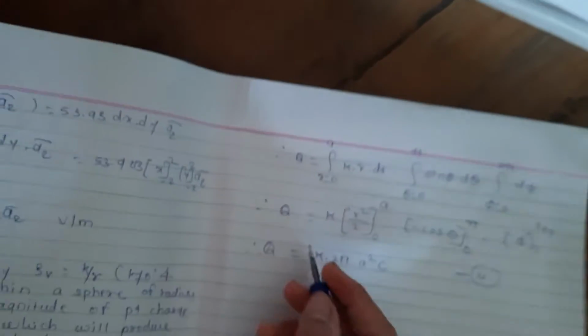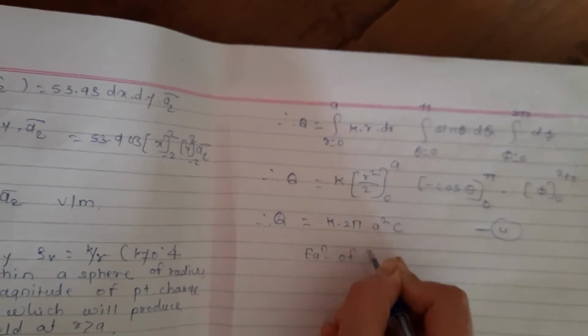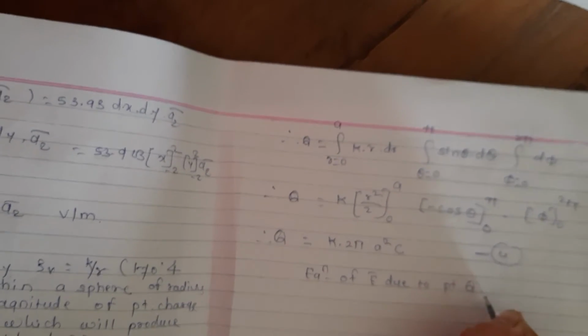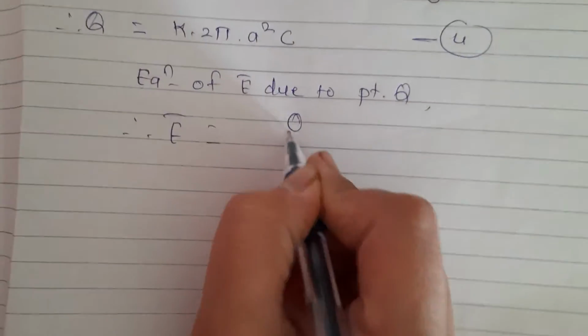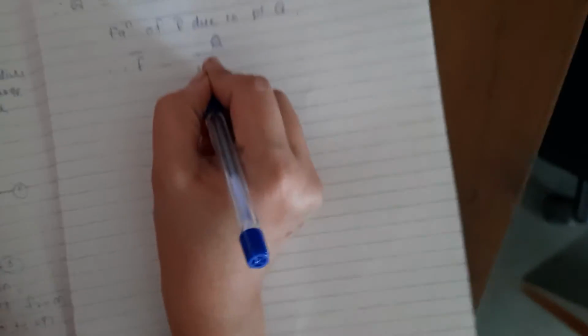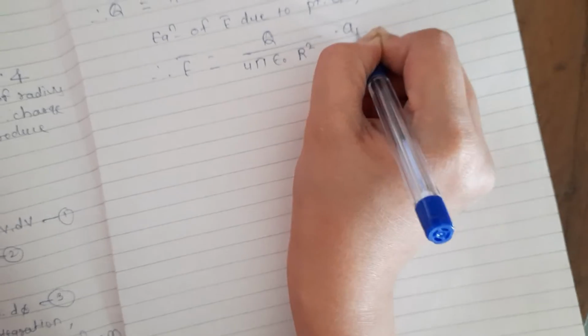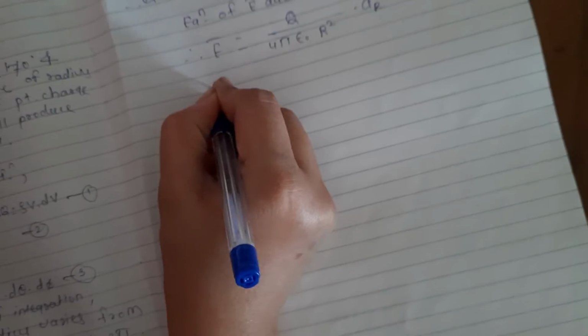Now we have the equation of E bar due to the point Q. So E bar is equal to Q divided by 4 pi epsilon 0 r square A r bar. This is equation 5. Now what is r here?